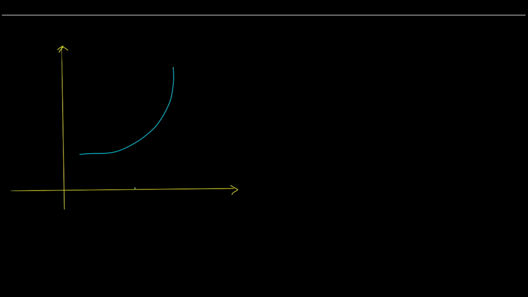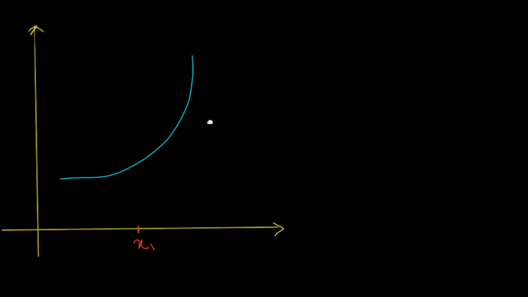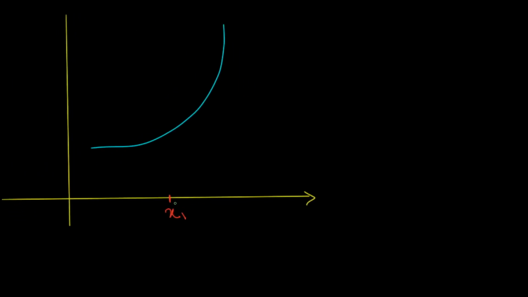So what I'll do finally is, I'll choose this point as x1. Let me zoom that a little more for you. I'll choose this point and call it x1, and then very as close as possible, literally the very next point. It's the same point except with a small difference.